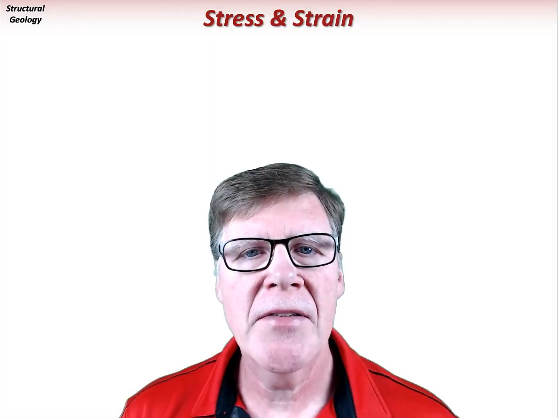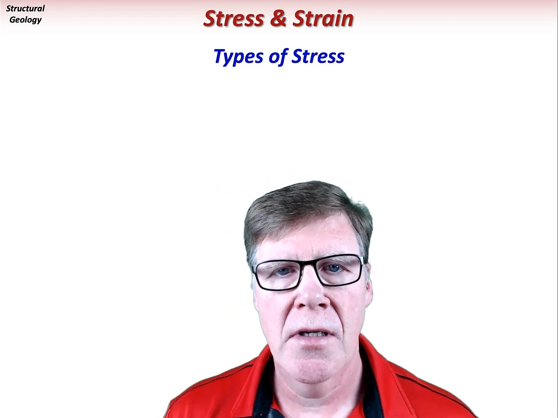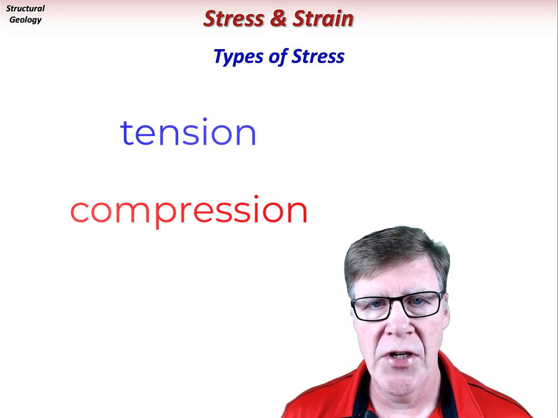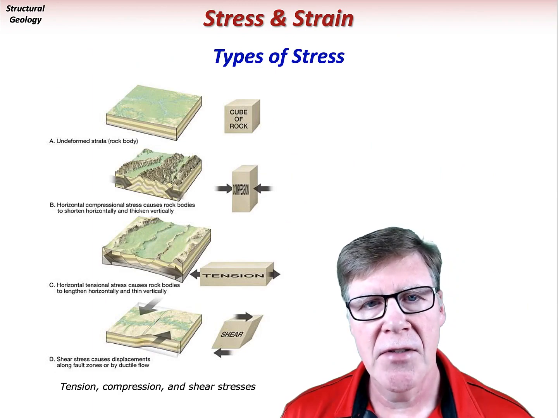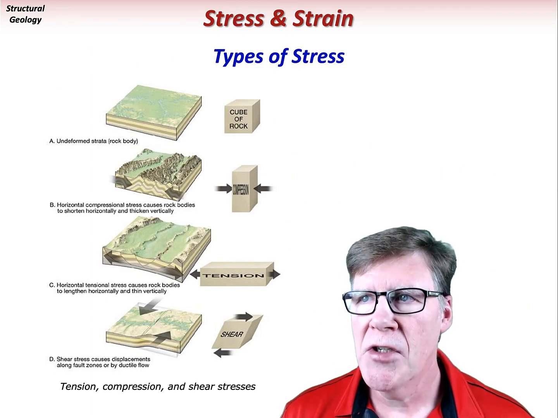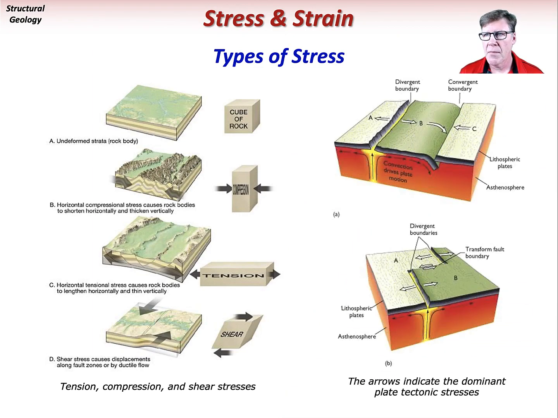There are 3 basic types of tectonic stress: tension, compression, and shear. This diagram shows the three basic stresses and their effects on geologic layering. This diagram shows the basic tectonic settings where these stresses dominantly occur.